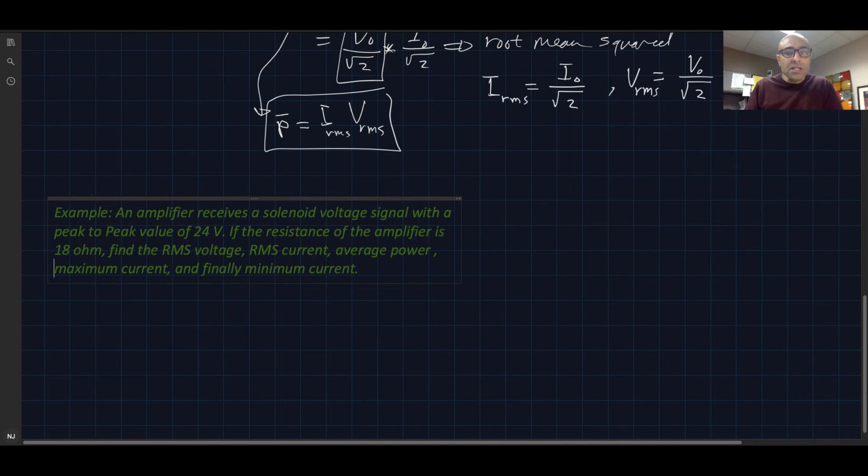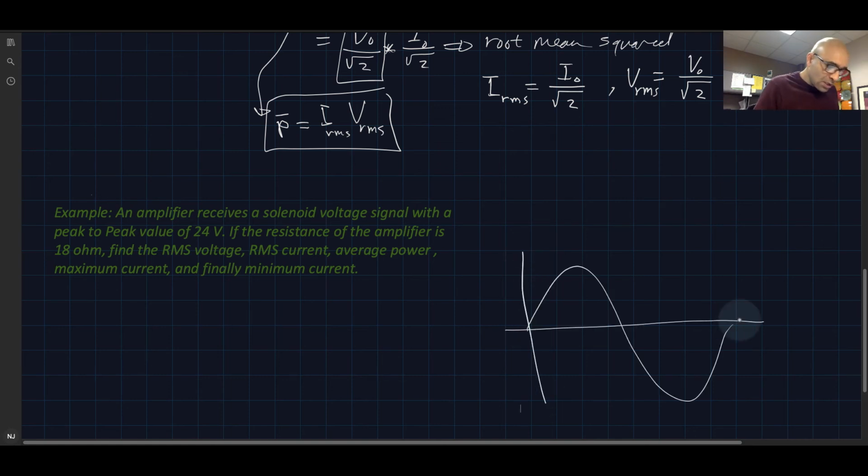So an amplifier receives a solenoid voltage signal with a peak-to-peak value of 24 volts. Peak-to-peak value, what is that? If you think of it as a signal, that's one peak and that's the other peak. They say peak-to-peak is 24 volts, which means that this here is 12 volts.